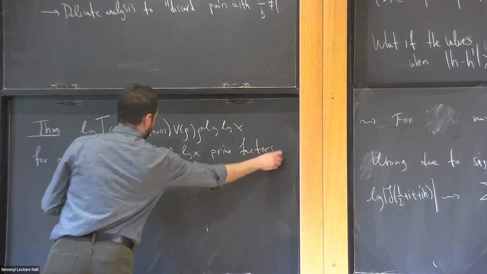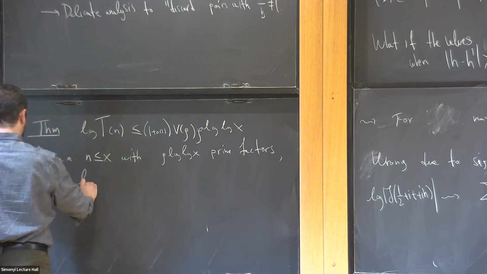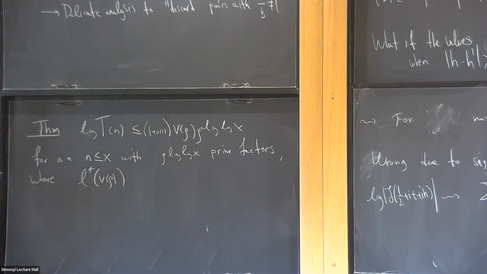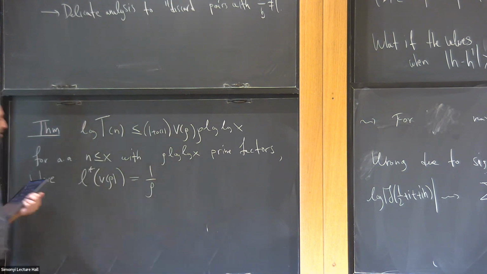And where this new rho is the solution to this implicit equation. Okay, and now I need to tell you what this lambda star is.